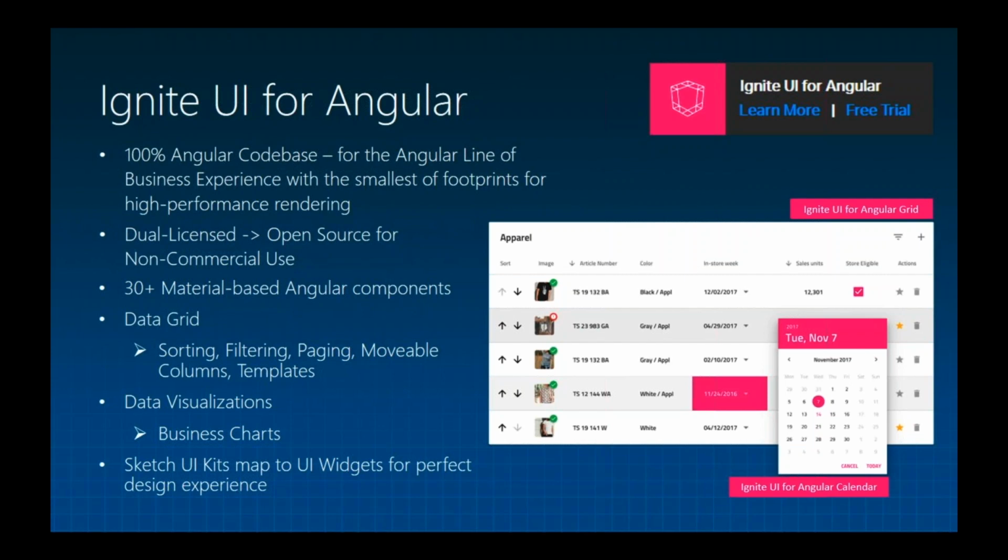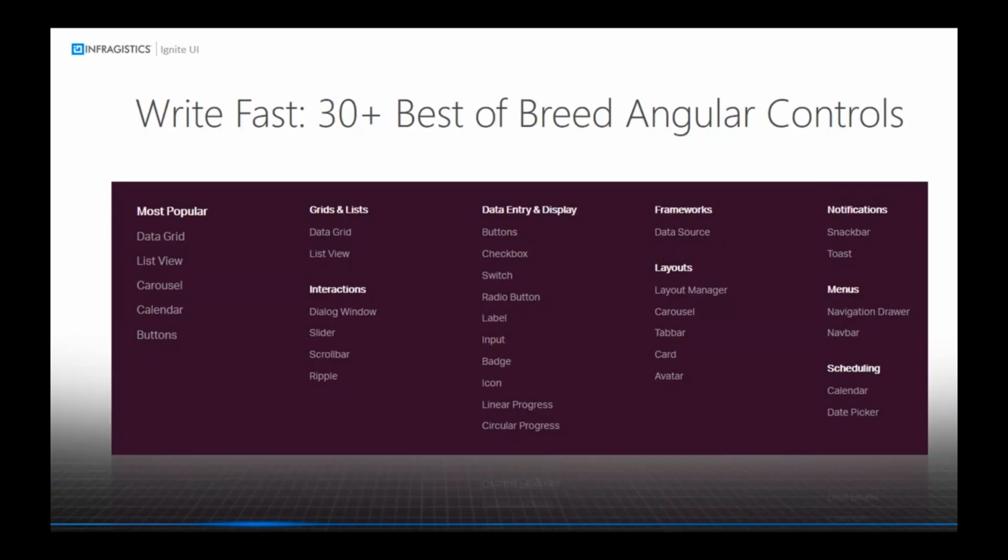So right now, I would say that if you are working on an Angular application targeting mobile devices, this is the one you want to take a look at. Right now there are more than 30 widgets which support Material UI, like grid, carousel, list view, button, badges. So this is available right now.